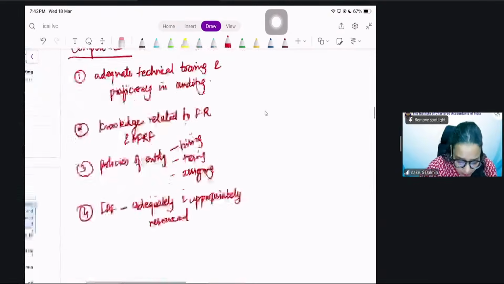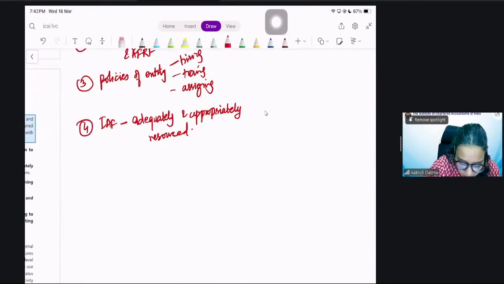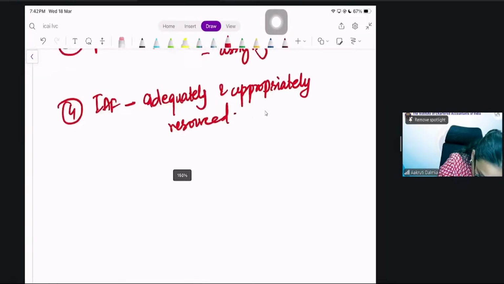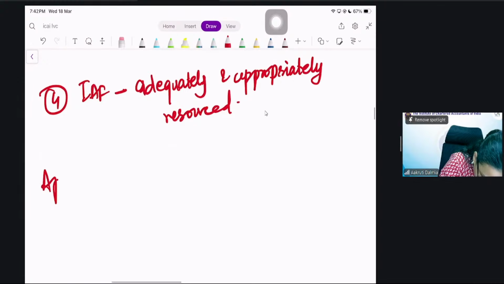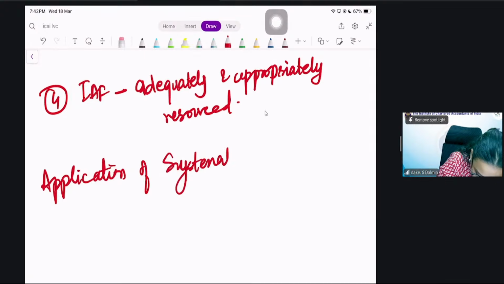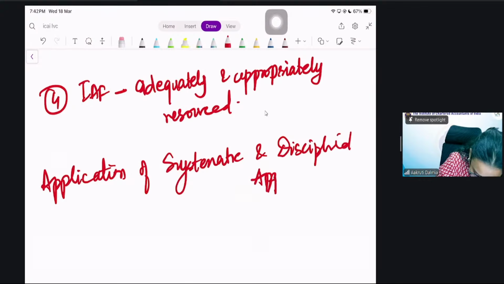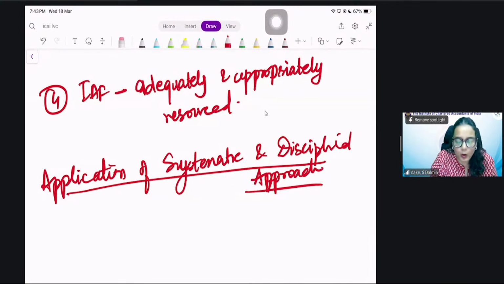Now, if objectivity is there and competence is there, what is the last thing to check? Application of a systematic and disciplined approach. So how to check this?